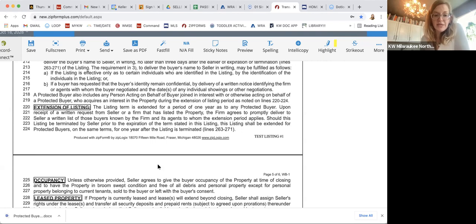Should this listing be terminated by a seller prior to the expiration of the term stated, this listing shall be extended for protected buyers on the same terms for 1 year after the listing is terminated. So if it expires naturally per that original expiration date, then that period starts at that natural expiration date. But if it is terminated early, then that clock would start ticking at that earlier date.